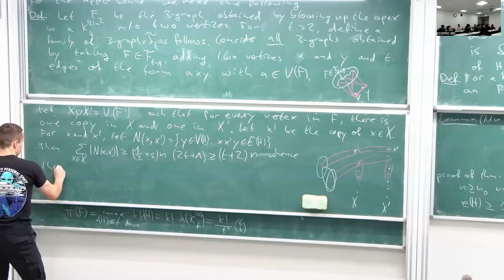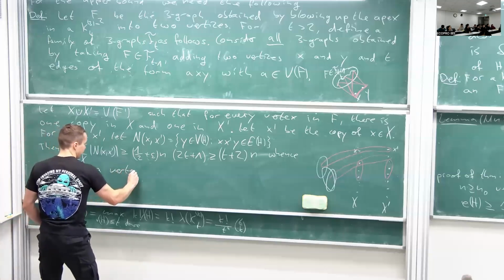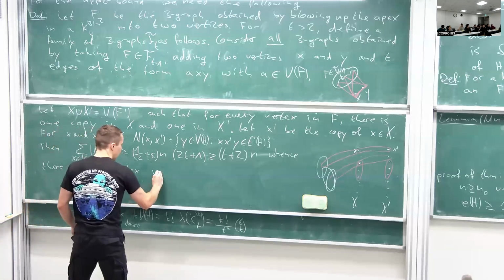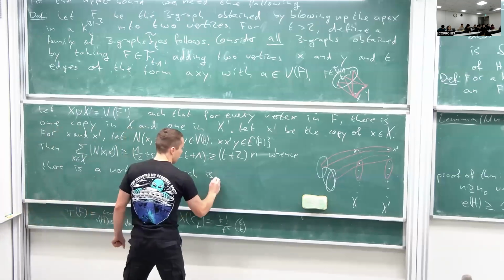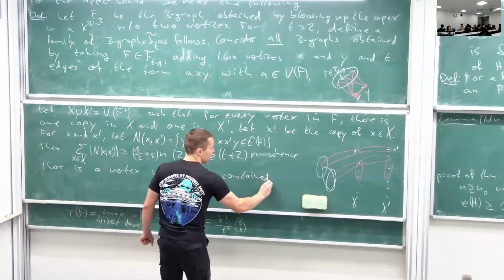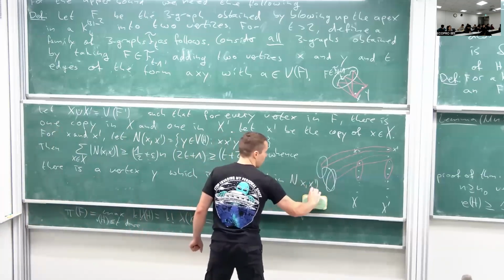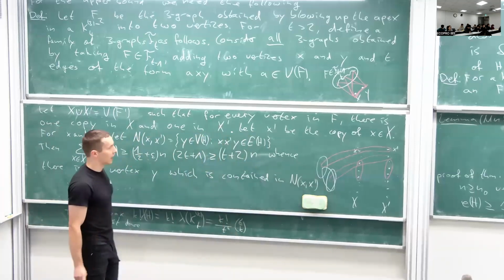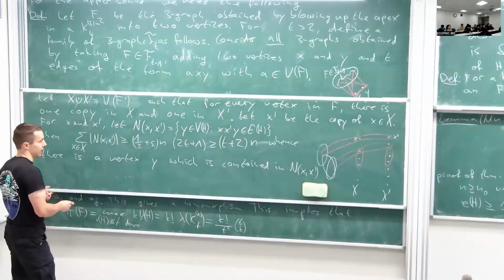Means there is a vertex y which is contained in the co-neighborhood of x and its copy for at least t plus 2 x.